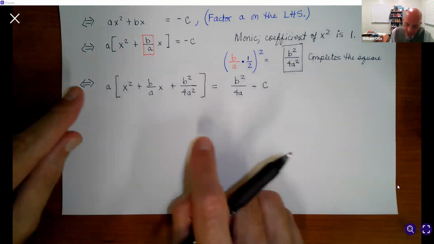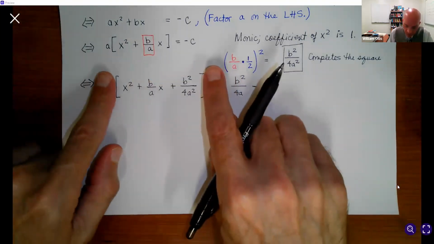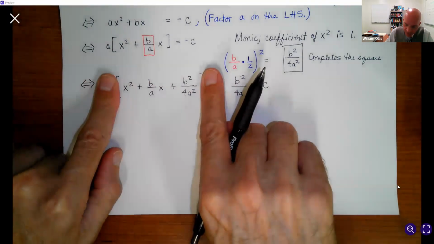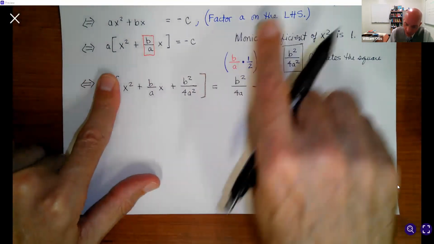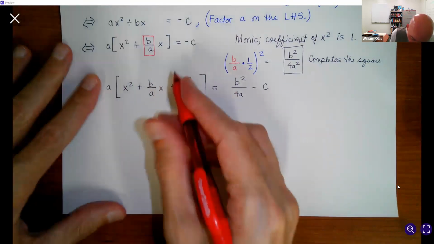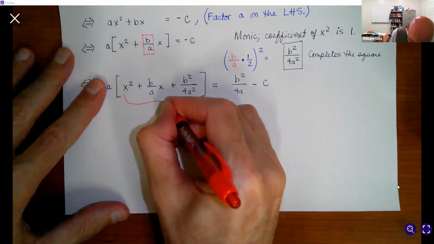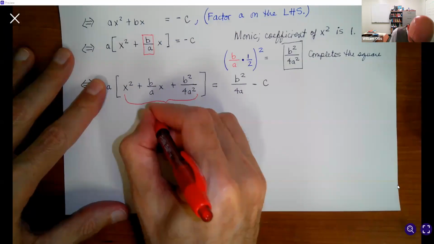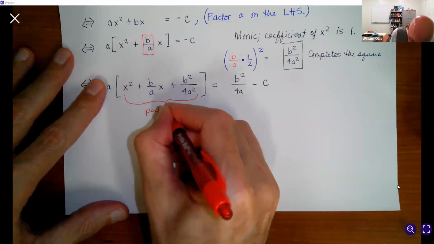So now, again, remember, we look at this, and this is the perfect square, just like we have here. Here is the perfect square.